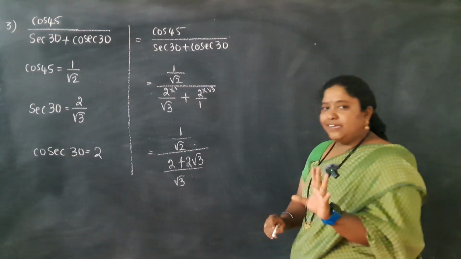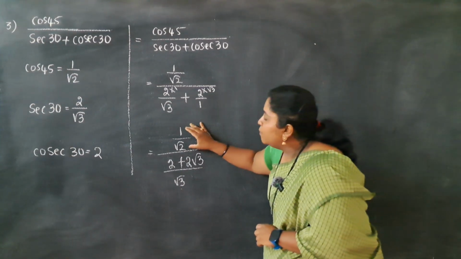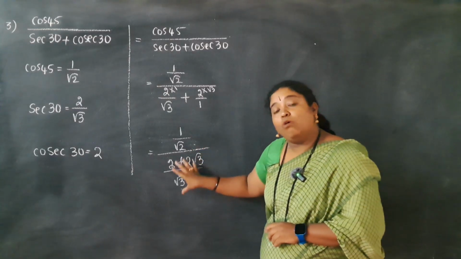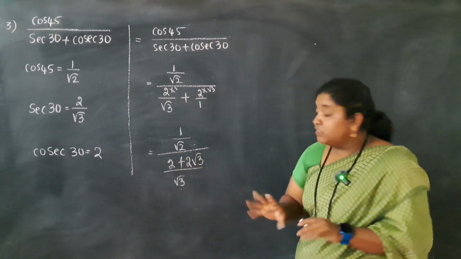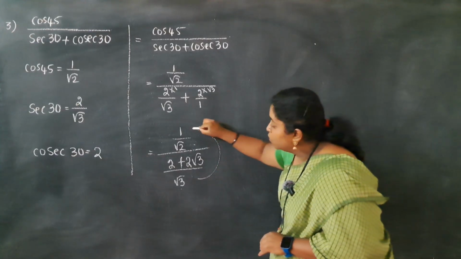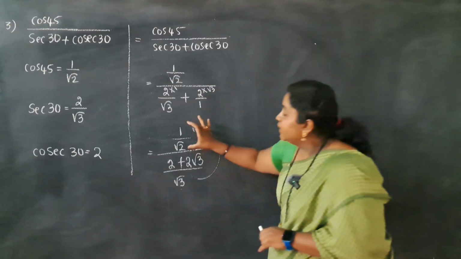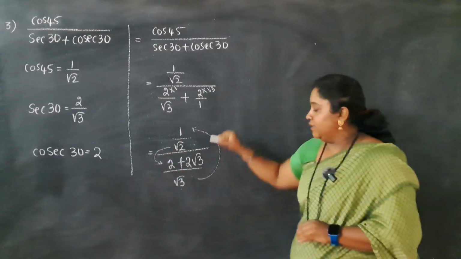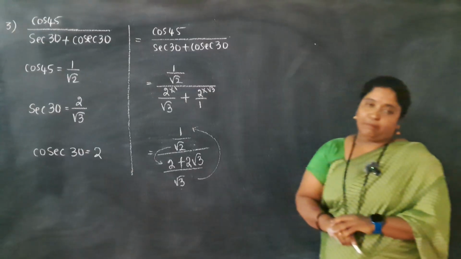You always remember, dear, if in the numerator part also there is a fraction and in the denominator part also there is a fraction, then how to simplify? The denominator's denominator goes to the numerator and the numerator's denominator comes to the denominator. This condition you should remember.